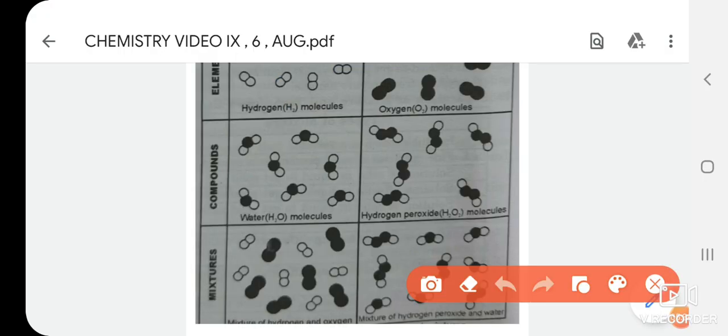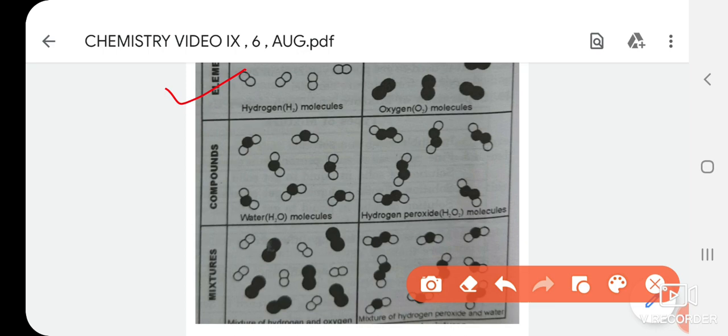Okay children, let's see classification of matter on the basis of chemical composition, right? So classifying matter by its chemical constituents as an element, compound and mixture. So we will discuss one by one. Now see elements.